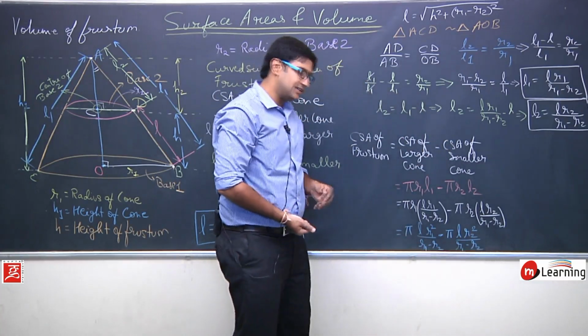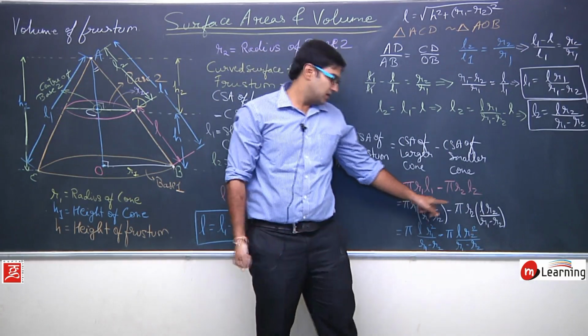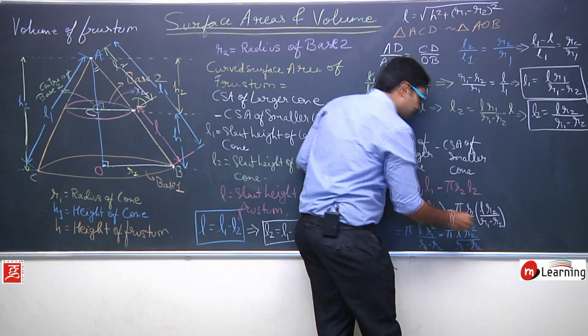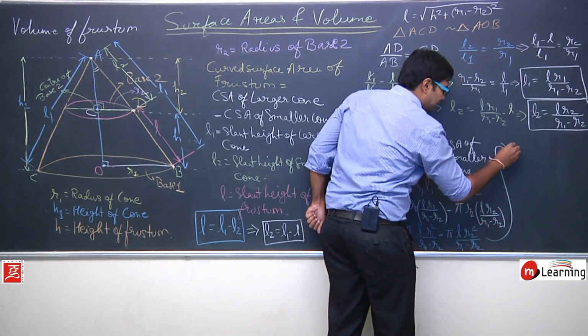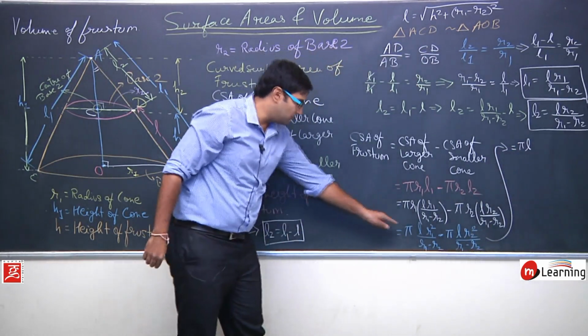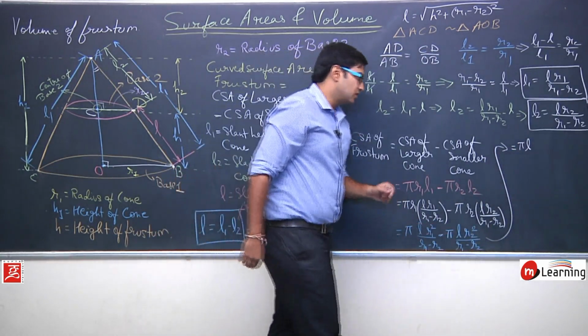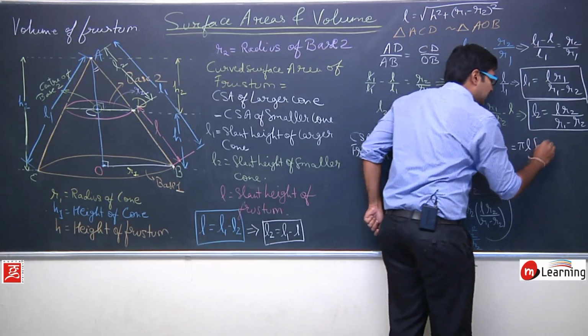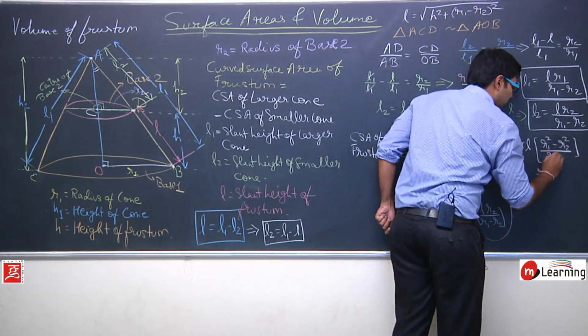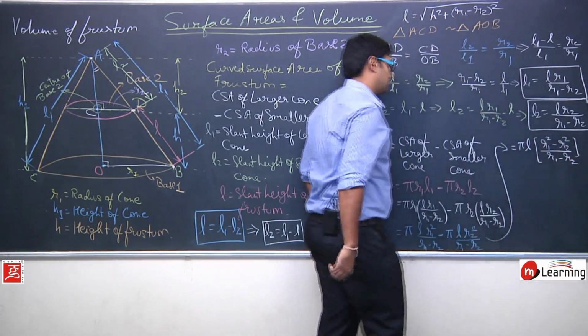What I did is multiply this R1 into this bracket and this R2 into this bracket. Now, taking pi and L as common from both terms, we are left with (R1 square minus R2 square) upon (R1 minus R2).